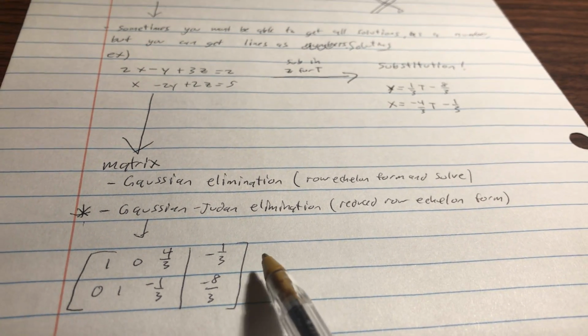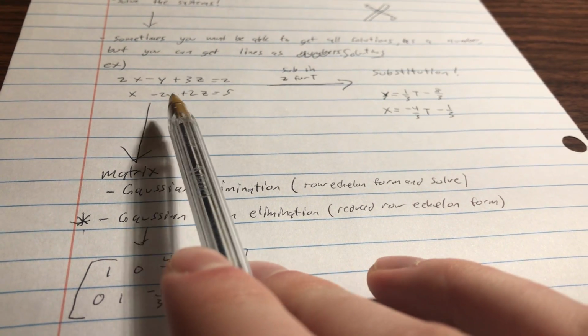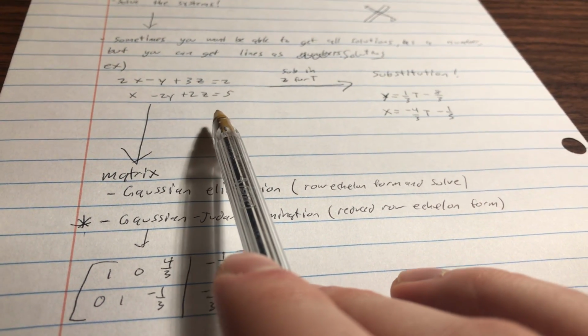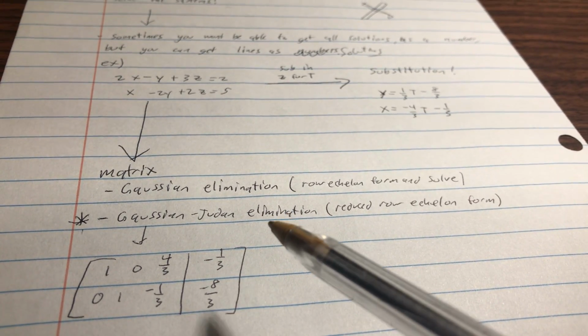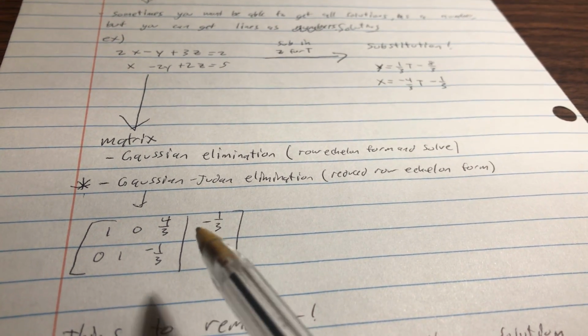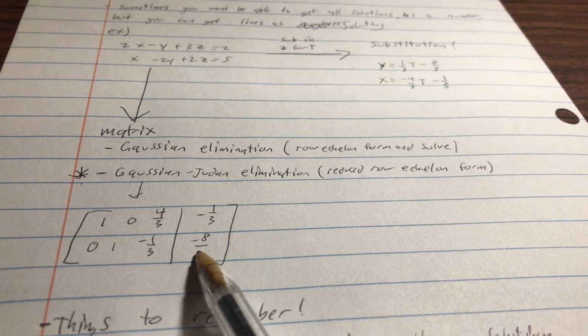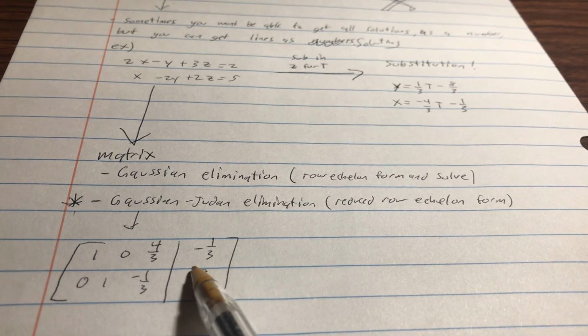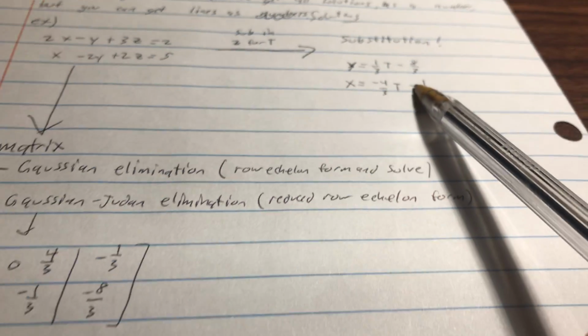So notice when I took an augmented matrix that we would have written with just the coefficients of the variables there, and changed it to row echelon form and then from row echelon form to reduced row echelon form, notice that the numbers I get in this matrix, which is reduced echelon form, are the same numbers that we got for the answers in substitution.